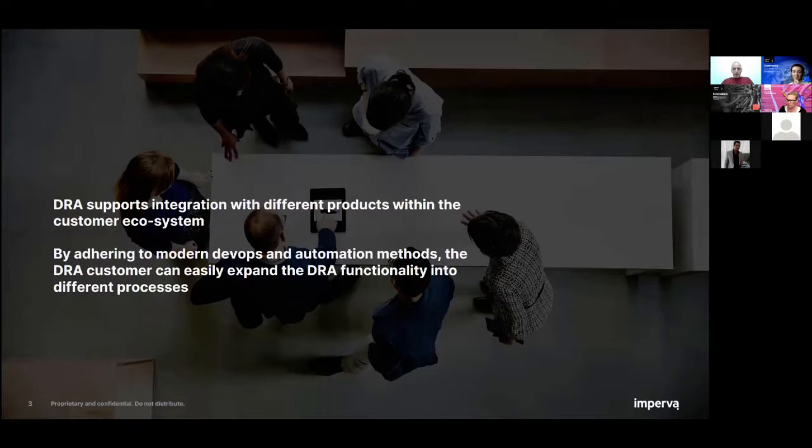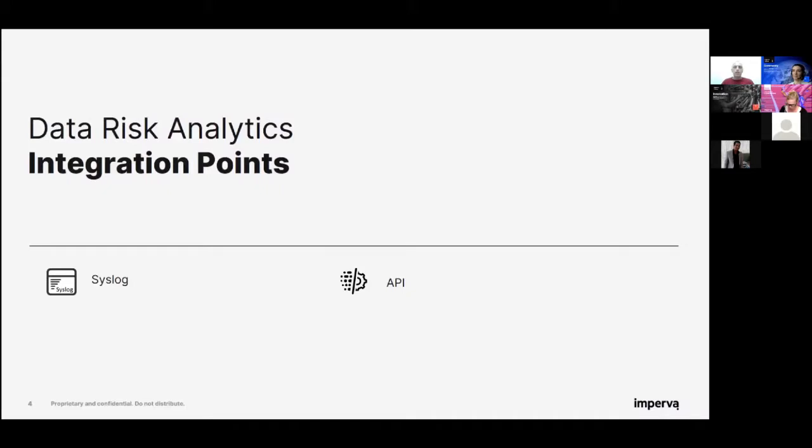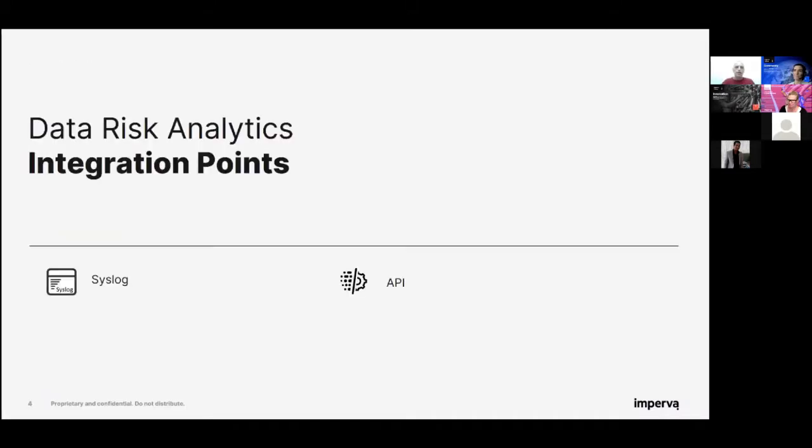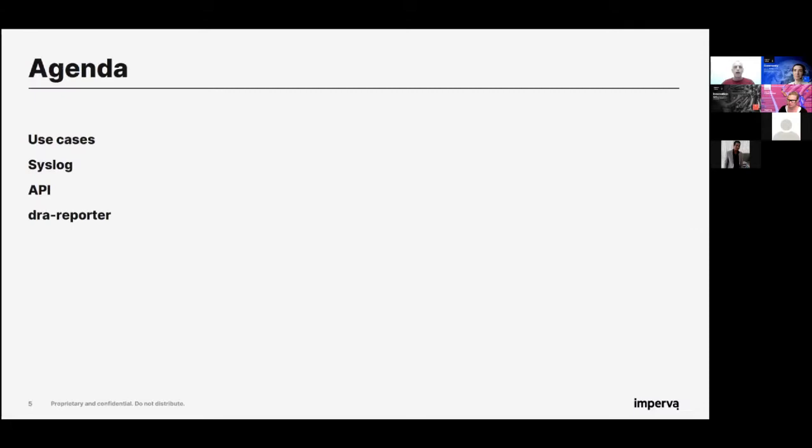So as said, we are integrating it to adhere to the modern DevOps of automation. I will show you several use cases of how we use our Syslog and the API. These are the integration points I'm going to talk about, Syslog and API. And I'm going to share with you several use cases.